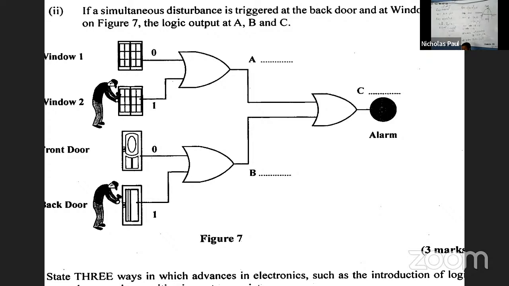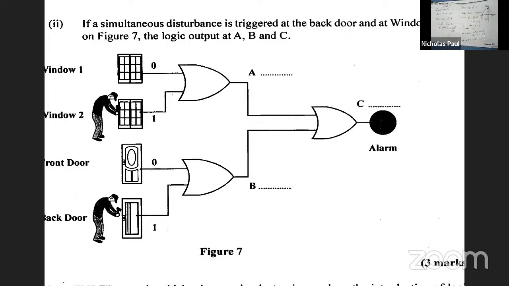Sorry, A is what? 1. B is what? You sure B is 0? Okay, sorry.